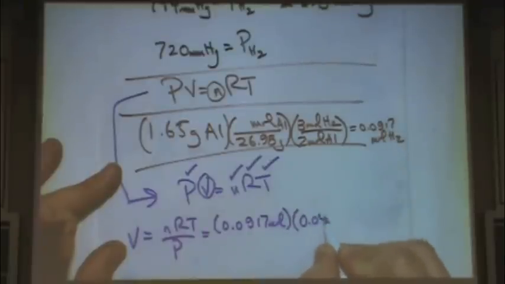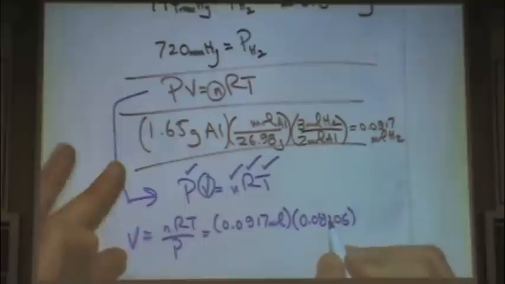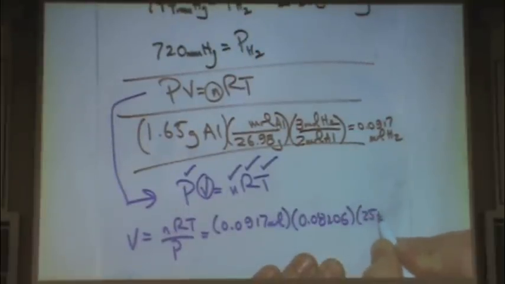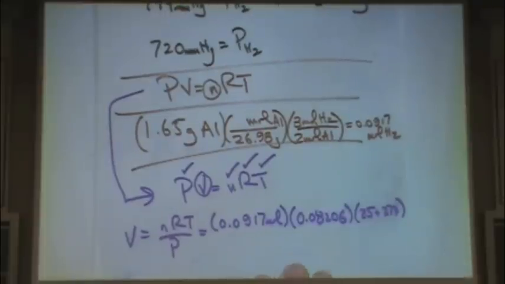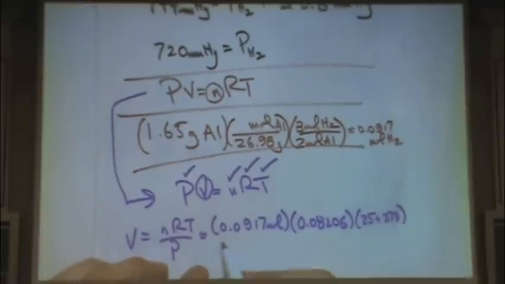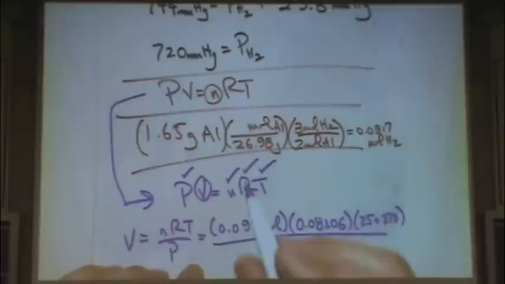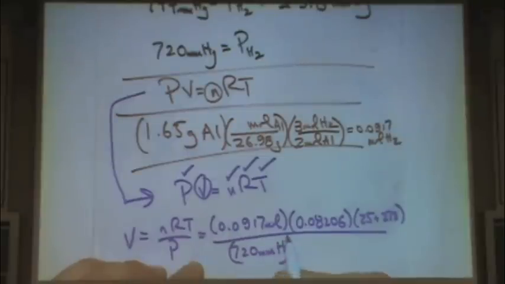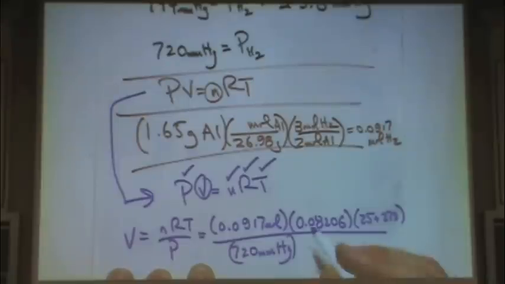R is a constant, 0.08206. Temperature, let's see what the temperature was in the question. 25 degrees C. 25, which you add 273 to change it to Kelvin. And the pressure was from part A, and that's 720 millimeters of mercury. However, those units aren't helpful in ideal gas law. I need to change to atmospheres.